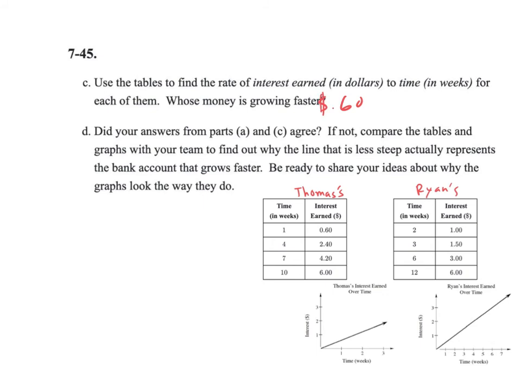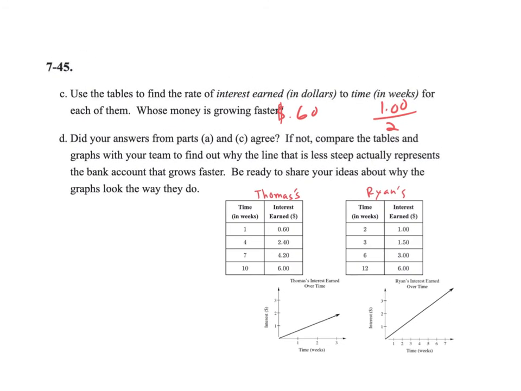Then Ryan is earning $1 every 2 weeks. So get down to that unit rate. We're just going to divide by 2 in both cases. So 1 divided by 2, well, that's just 0.5. So 50 cents per week. So Ryan is equal to 50 cents per week.